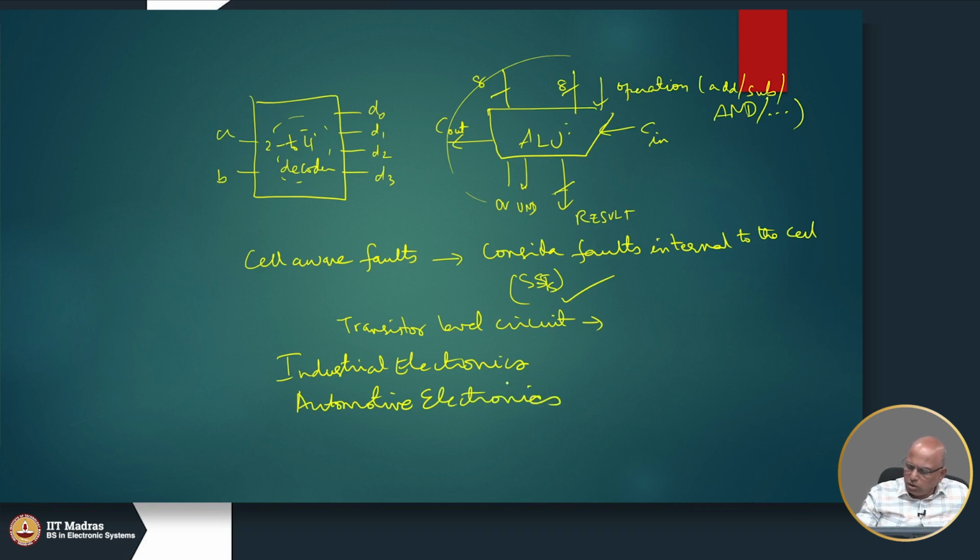So, if you only look at cell external faults, if you only do faults like this, then maybe you are missing out some faults which are internal.